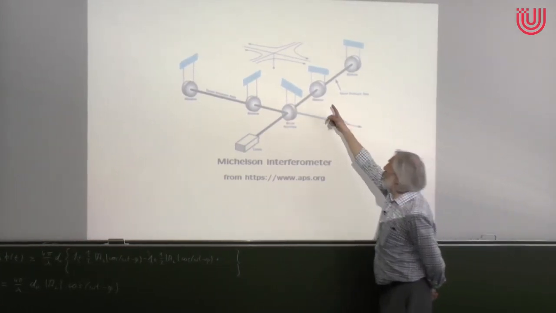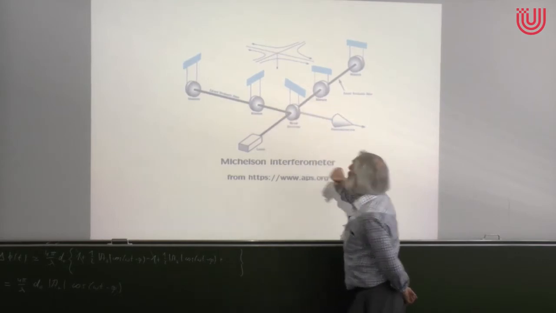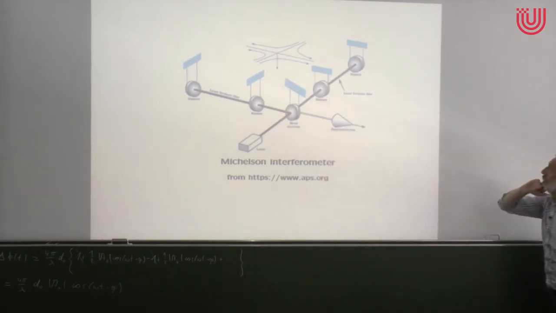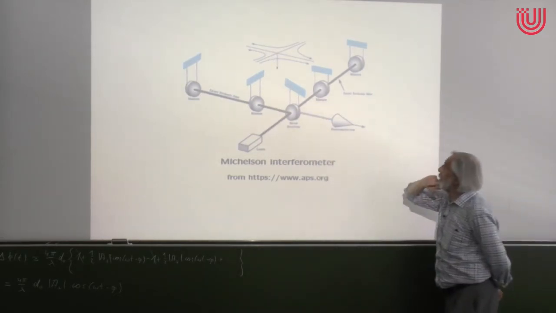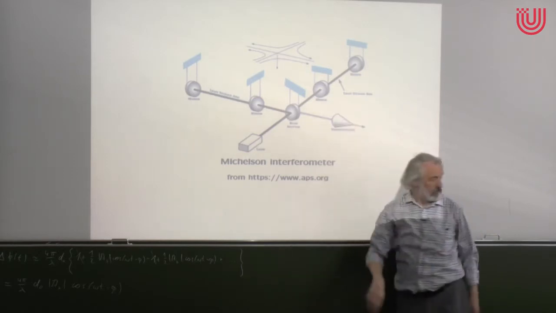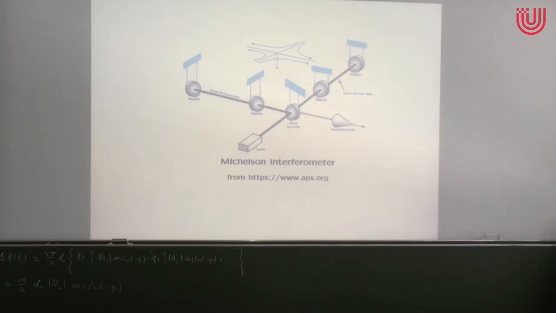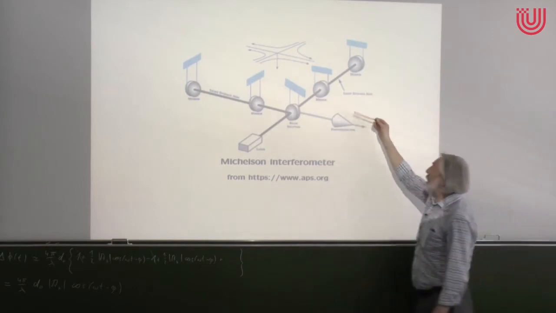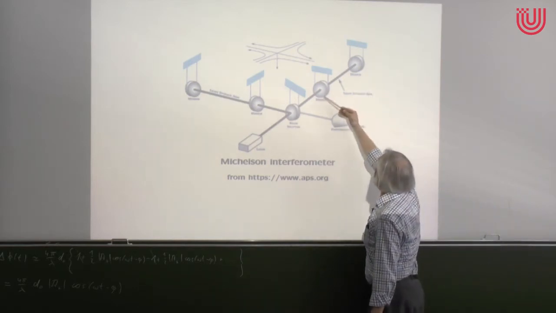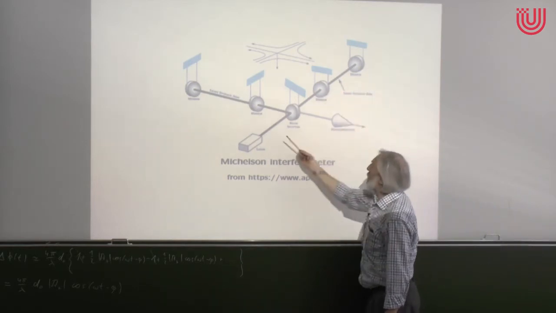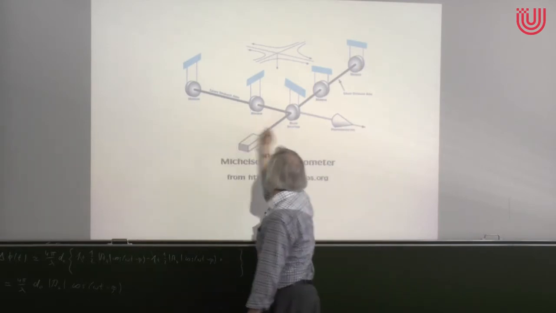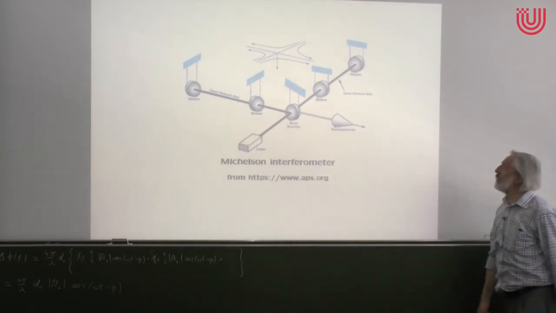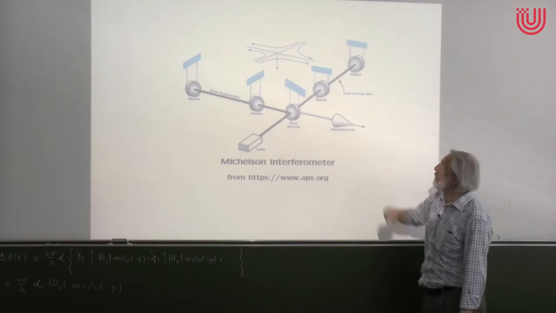I didn't have these two mirrors here. Actually, what are they good for? The idea is that you have the light beam going back and forth several times between these two mirrors and also between these two mirrors before they go to the detector, which is here.